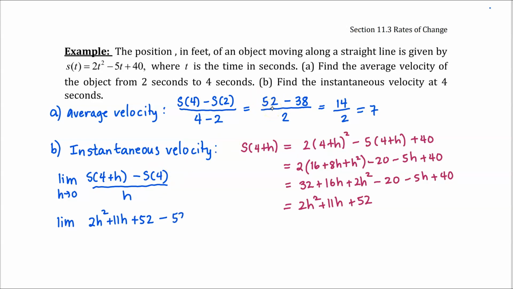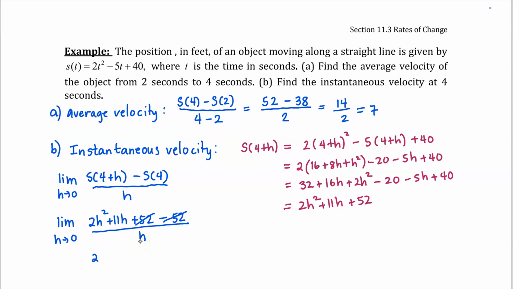So minus 52, divided by h, and then we take the limit as h approaches 0. Now 52 cancels with 52, and the resulting expression has h as a common factor.